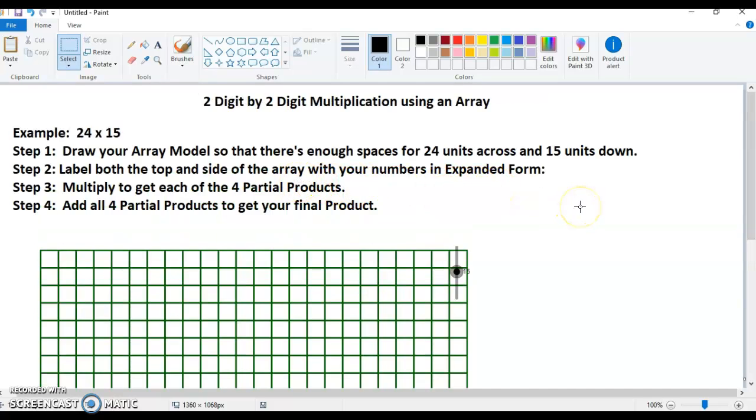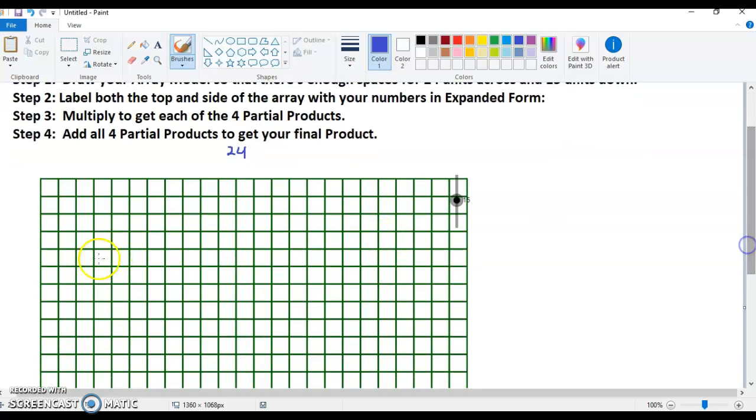So I'm going to label my array on top. There's 24 going across and there's 15 going down. What you want to do is write them in expanded form.